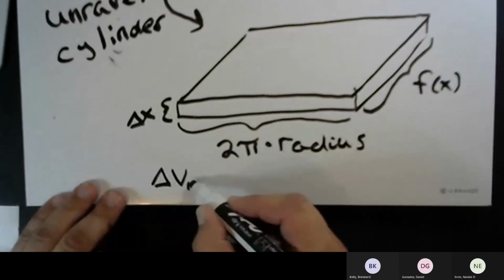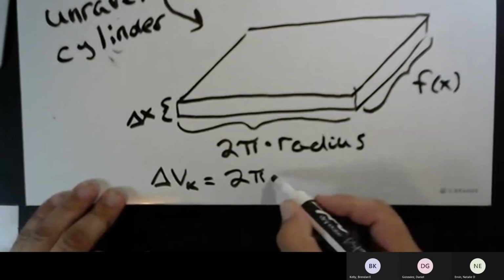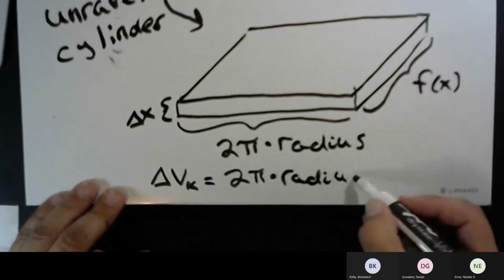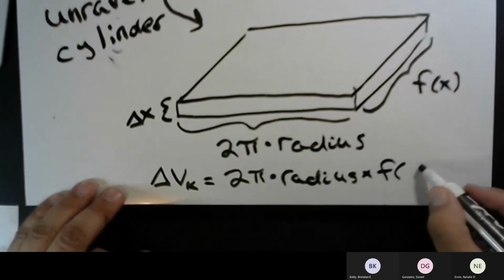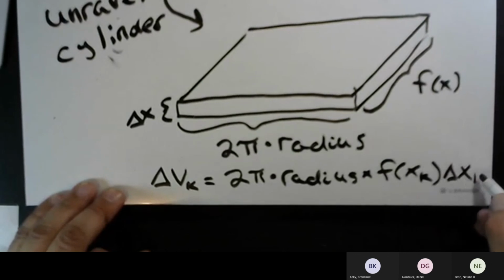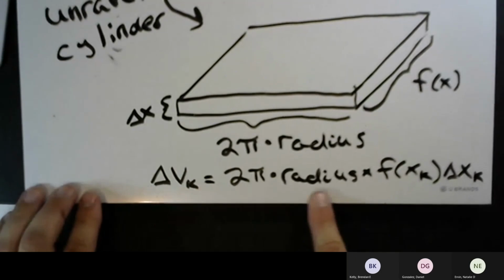So if we take the cylinder and unravel it, now we can compute its volume. Delta V k will be 2 pi times the radius times f of x k delta x k. So each one of these cylinders has this volume.